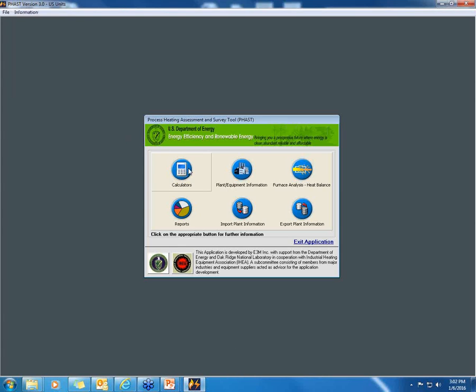With that, if you click on calculators, there are 4 different calculators available inside the FAST tool. Number 1 is the energy equivalency calculator. If you are switching from fuel-fired process heating equipment to electricity-driven process heating equipment, you want to see what kind of difference there is, basically energy-wise, what kind of savings are possible.